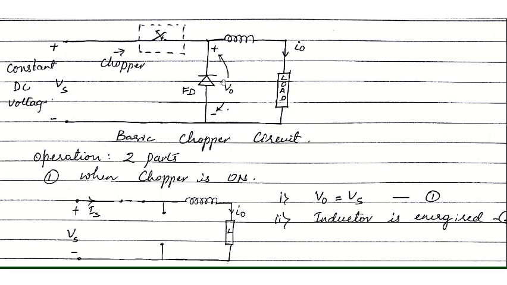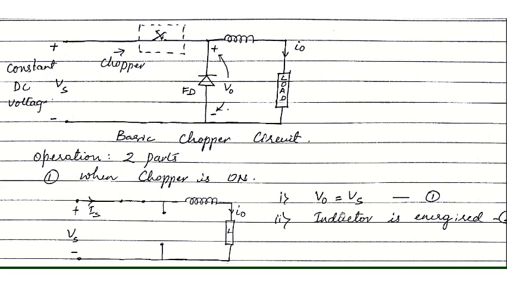Here is where we are looking for the output Vo. When the chopper is on, the inductor is acting as a short circuit. So as you can observe, the output voltage here will be equal to Vs when the chopper is on.